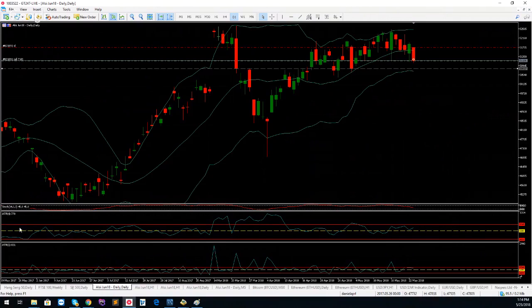So the 4-day average range is 680. Then it peaks at 894 and it averages on a low of 403. I use those 3 levels, and you'll see later in the trading strategies how I use the average true range when it cuts through these levels and what it tells us.